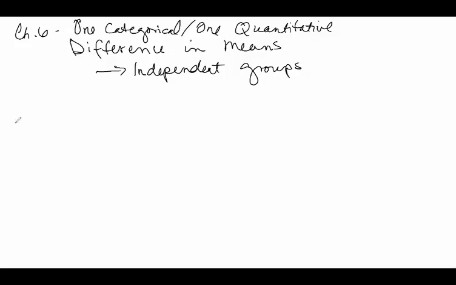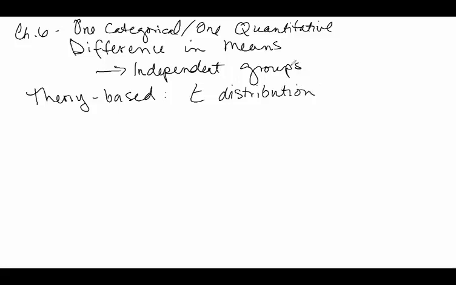Perfect. Okay. So when we look at theory-based, again, that's what we're using our formulas for. Here we use a t-distribution because our response variable is quantitative. So we're looking at a t-test. So we look at our sample statistics.